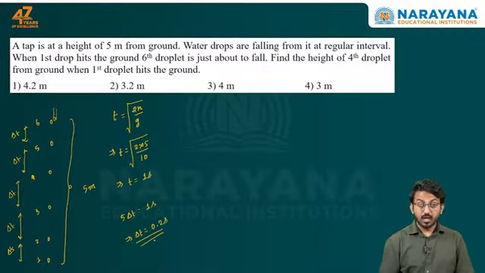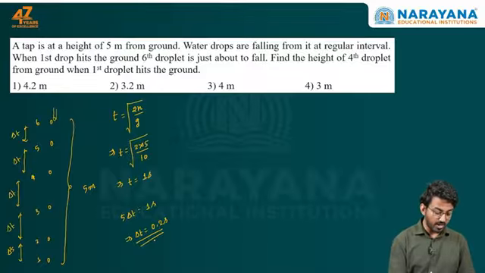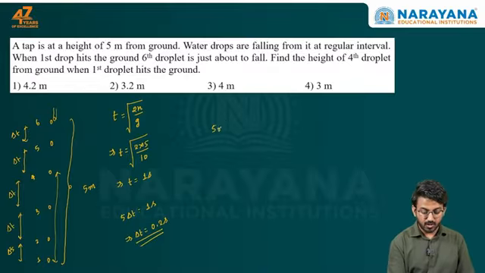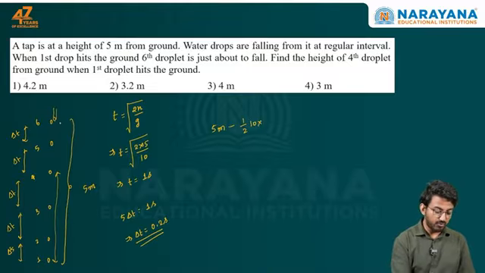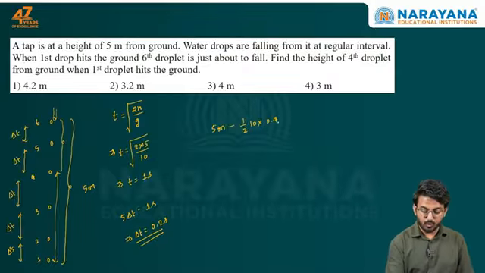Now keep in mind here they are asking for the height from the ground of the fourth droplet. So this height is going to be the total 5 meter minus the height fallen by the fourth drop, which is half g t square, g is 10, and the time taken by the fourth drop is going to be 2 delta t here, which is 0.4 second, squared.